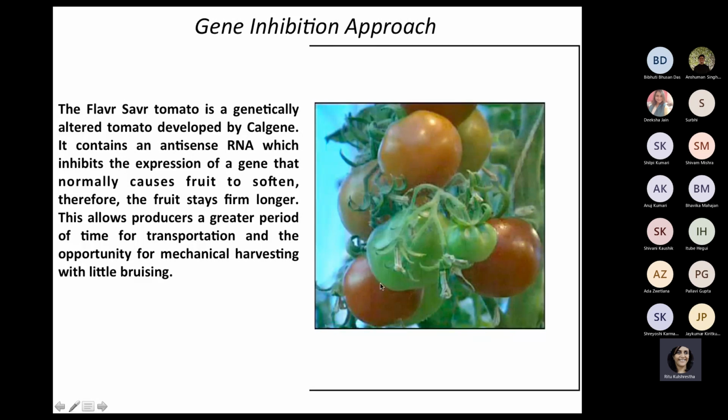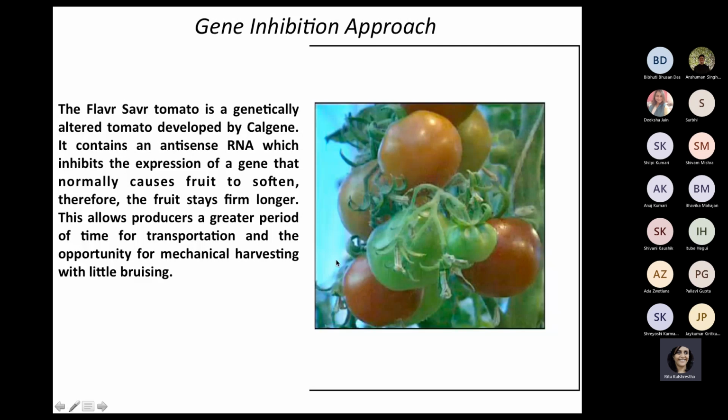The problem faced by the farmers regarding these tomatoes was that when they would harvest the tomato and take it to the market and ship it, by the time it reached the market and was ready for actual consumption by the people, it would get spoiled. During transportation, many of the harvested tomatoes would get spoiled because of the ripening process. So one option these farmers had was to pluck the tomato when it was green in color, at an early stage, and then take it to the market.